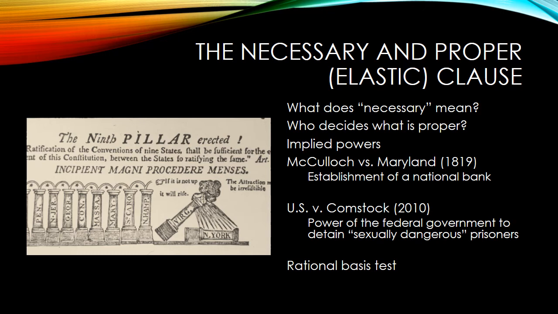The court decides what is proper, that is, the power enumerated in the Constitution, and Congress decides on the degree of necessity. Necessary has been taken to mean not absolutely necessary, not the only possible option, but any option that is reasonably convenient or that can stand up to a rational basis test.